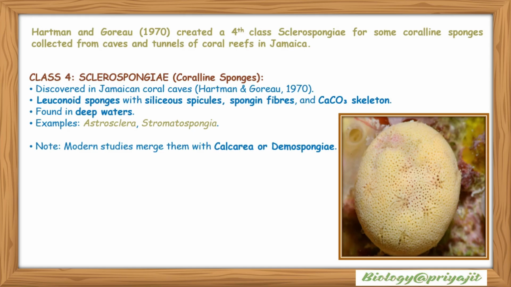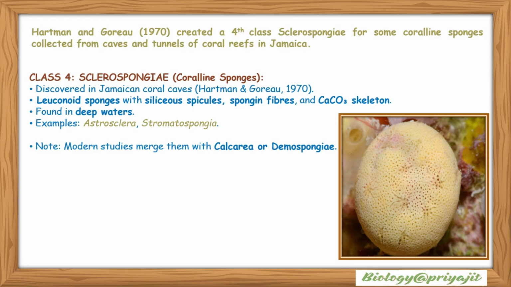Lastly, Hartman and Goreau in 1970 created a fourth class, Sclerospongiae, for some coralline sponges collected from caves and tunnels of the coral reefs in Jamaica. They are leuconoid sponges with siliceous spicules, spongin fibers, and a calcium carbonate skeleton.